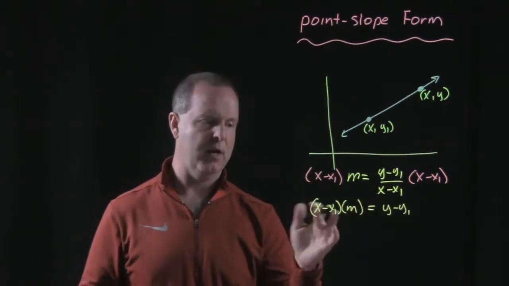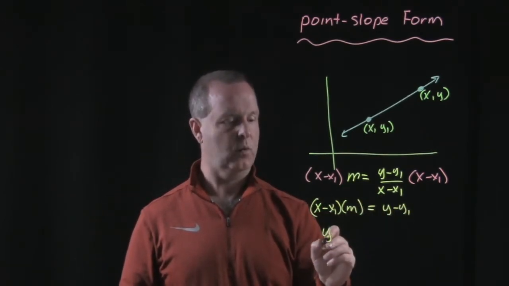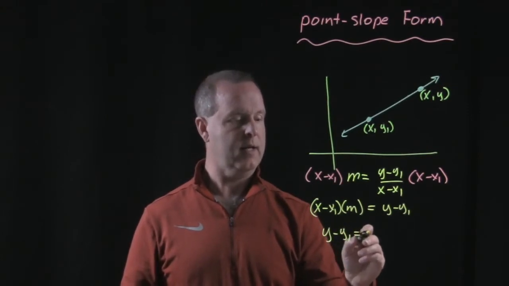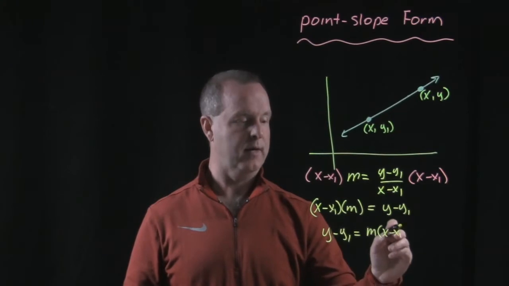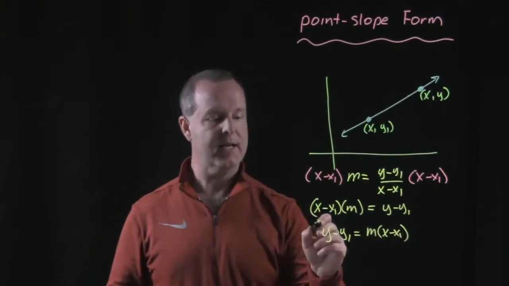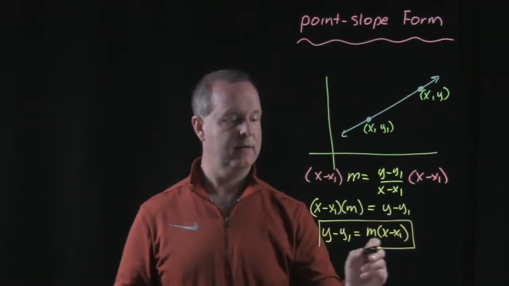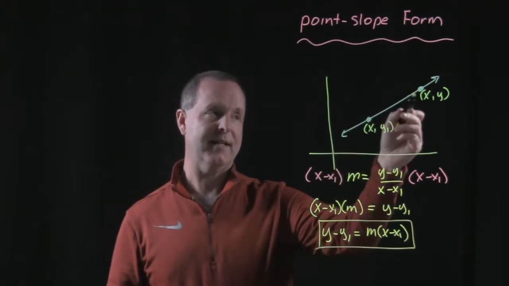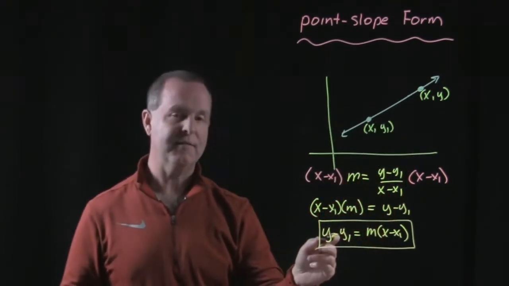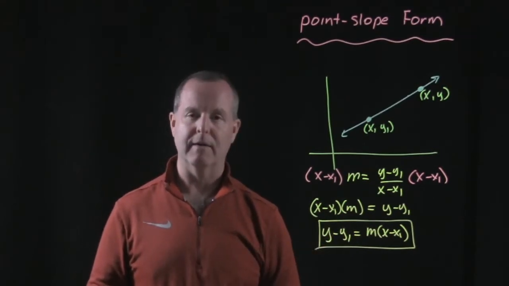And I'm going to just flip it around so the y's are on the first side. So y minus y1 equals slope, or m, times x minus x1. And this equation right here that we derived with the use of the slope, where I have one fixed point and some other point on the line, gives us point slope form of the line.